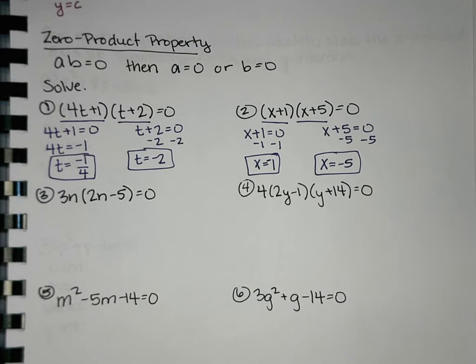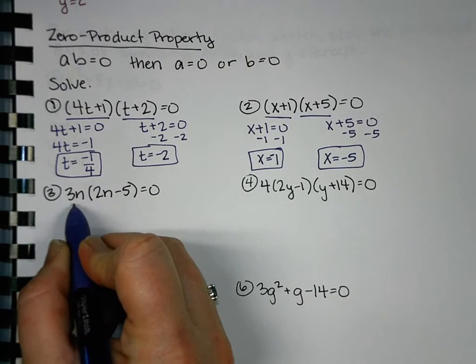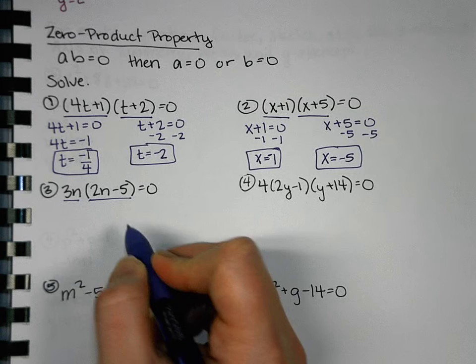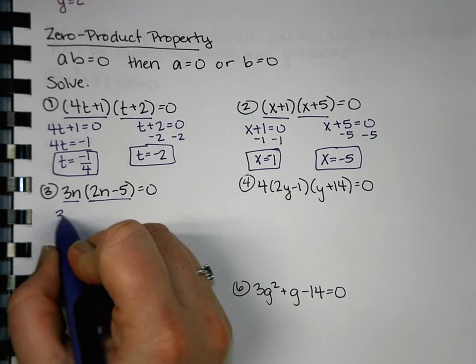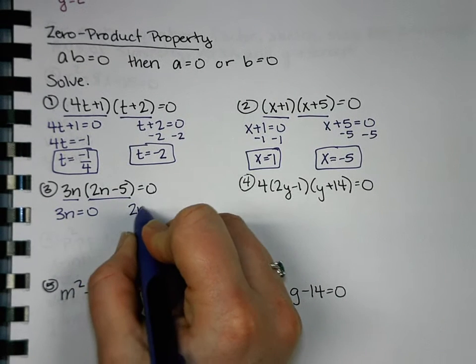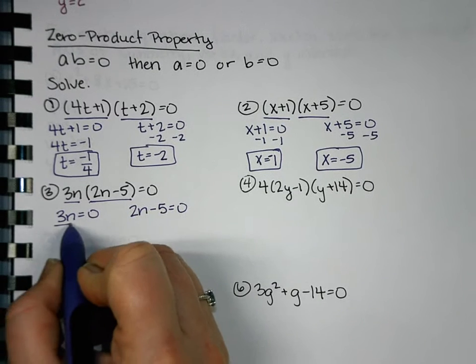Number 3, again, we're solving. So we want to look at what's being multiplied. Here we have 3n that's being multiplied by 2n minus 5, and it does equal 0, so we're okay there. So we're going to set each factor equal to 0 and solve.